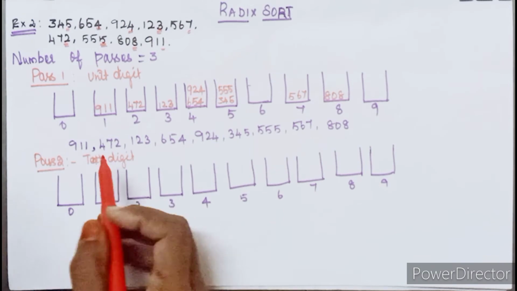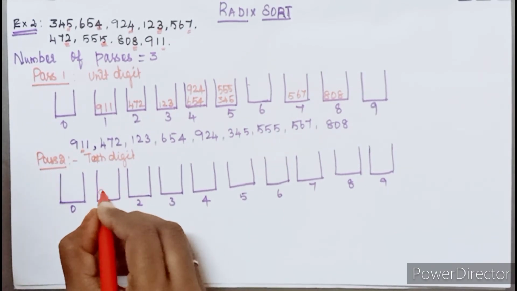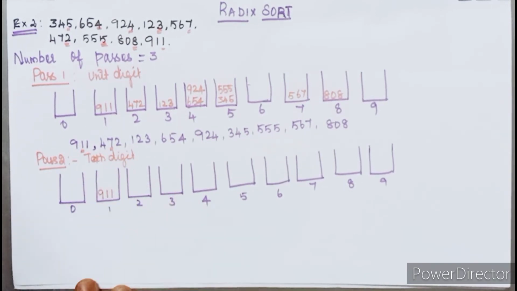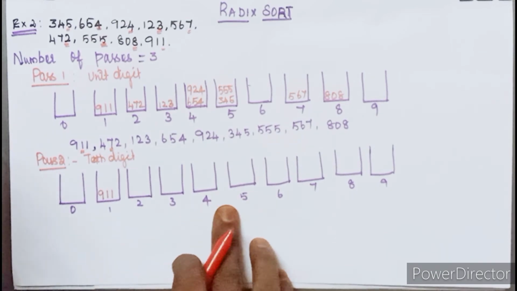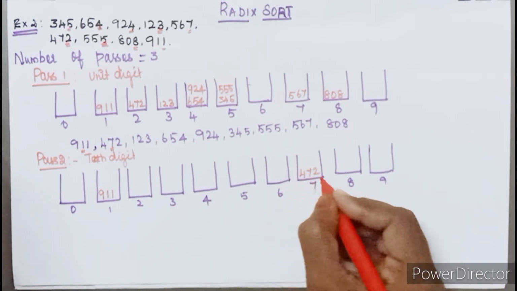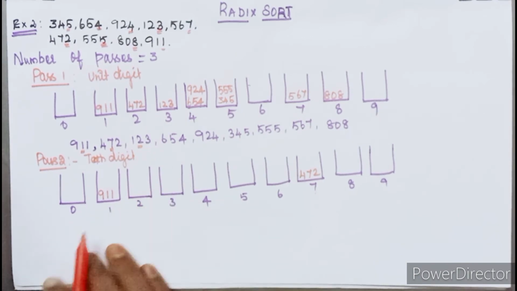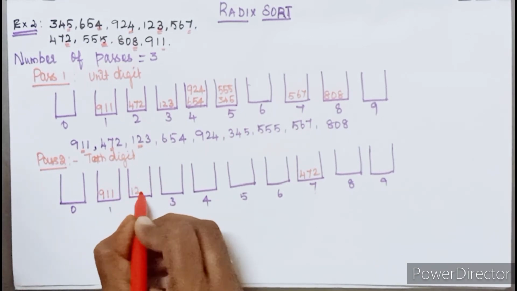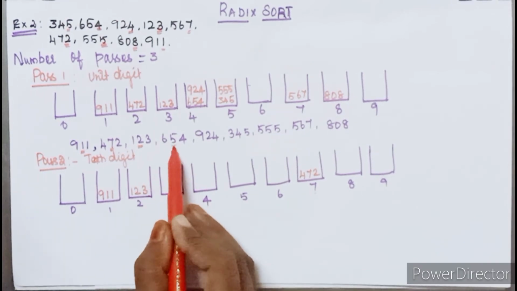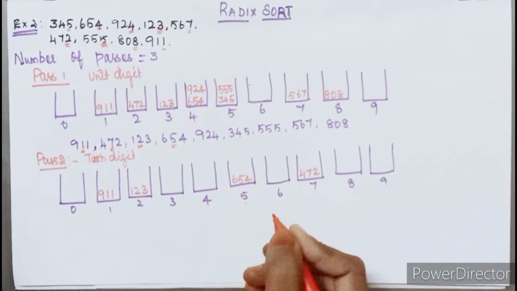Let us start with the first number. This number's tens position has 1, so it should be placed in bucket 1. Next, the second number's tens place has 7, so we move to bucket 7 and insert it. Next one is 123. Its tens place has 2, so move into bucket 2. Next one is 654. The tens place has 5, so we insert it into bucket 5.